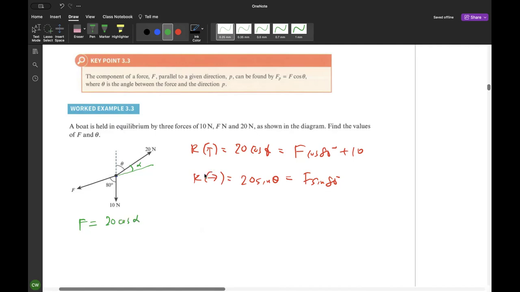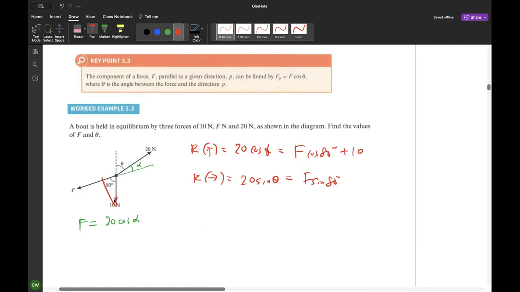And the two perpendicular directions. That means you can also take it like that. This one becomes the horizontal line, this one becomes vertical.